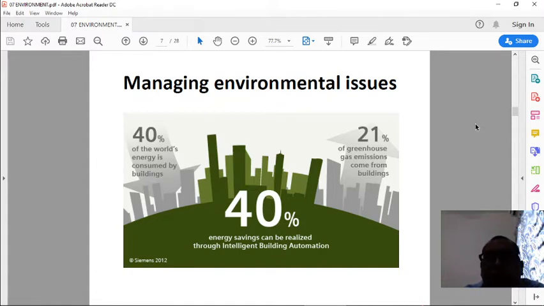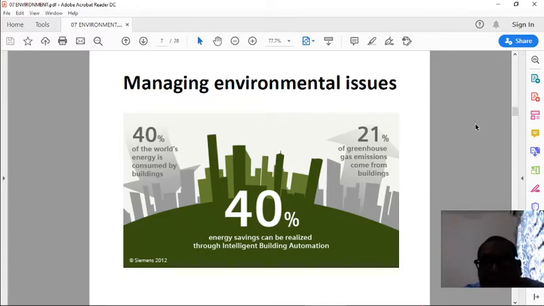And of course the power plants also are not really that environmentally friendly in the first place. Fossil fuel power plants or even coal power plants generate lots of emissions, and afterwards that power is used up by the buildings that we as property managers manage.